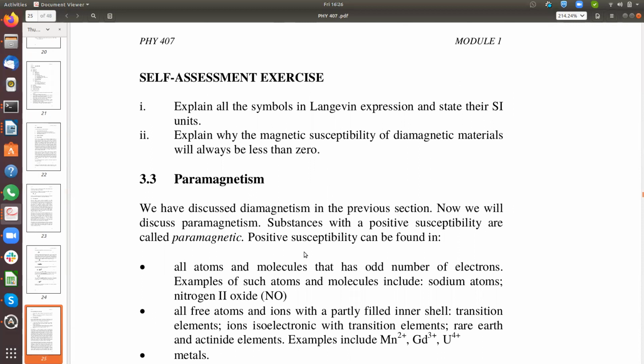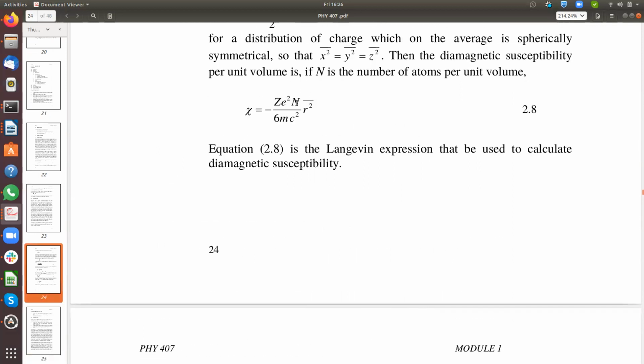Now, self-assessment exercise. Can you see that what I just said was the first question here: explain all the symbols in the Langevin expression and state their SI units. You are asked to explain each of these. What is Z? What is E? What is N? What is M? What is C? And what is R?